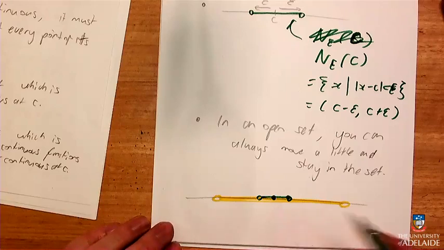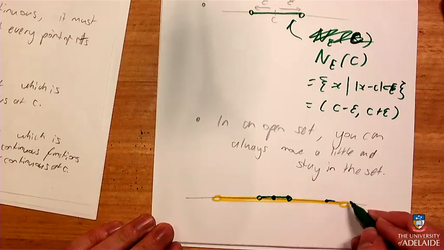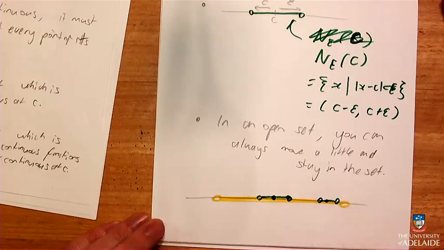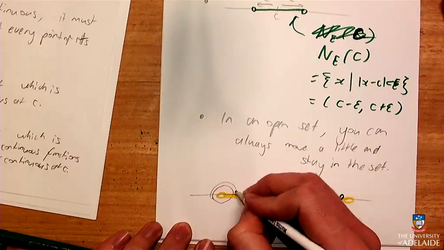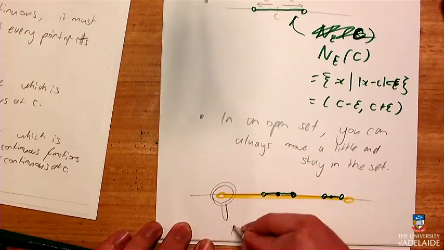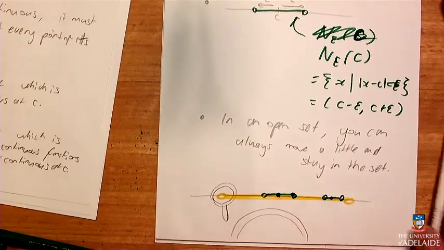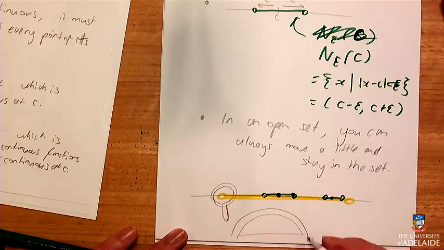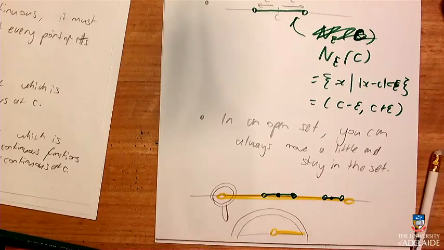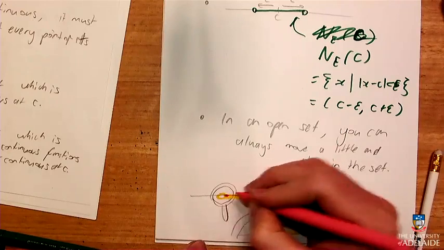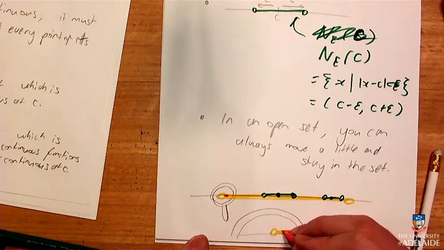So if you're here, that's great. If you're here, it would be about this big. And if you're extremely close to the edge, zoom in with a magnifying glass. If you're very, very close to the edge, you can still find one.